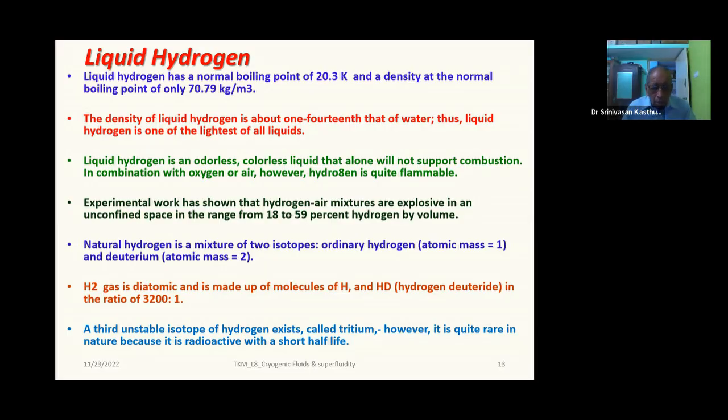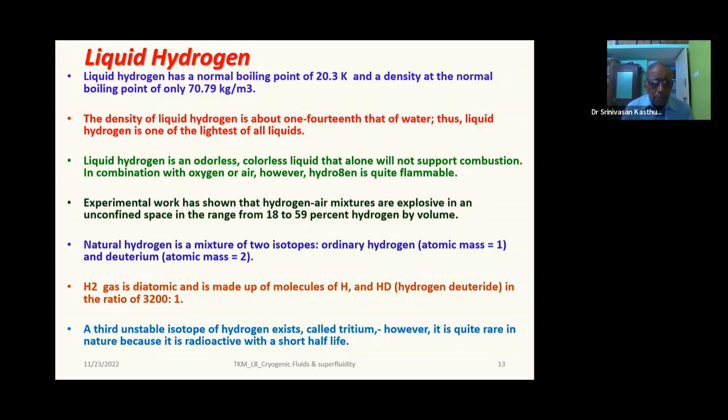Now we come to another important cryogenic fluid, which is liquid hydrogen. Liquid hydrogen has a normal boiling point of 20.3 Kelvin, or sometimes it's written as 20.4 Kelvin. Its density at the normal boiling point is very low.